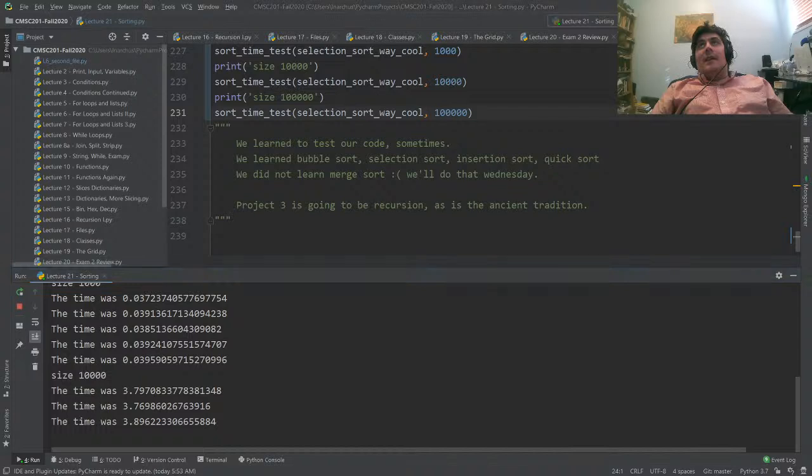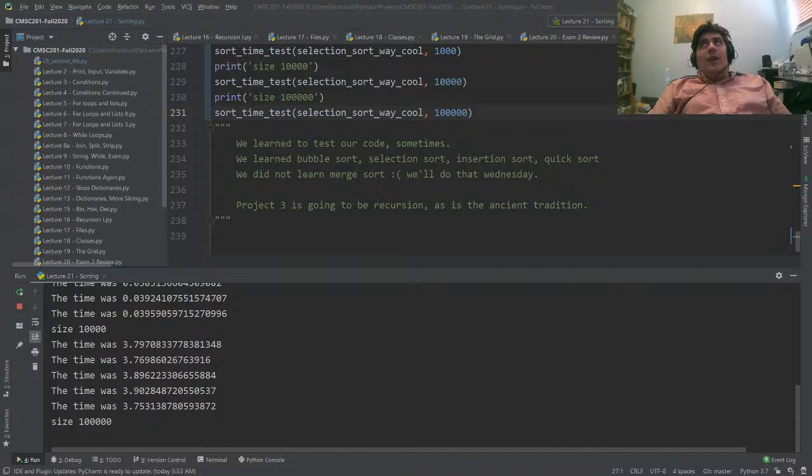If it takes about 3.8 seconds to do that, it's going to take 380 seconds. So it's going to take approximately 6.3 minutes, so 6 minutes 20-some seconds. It's going to take about 5 to 6 minutes to do a single one of these.